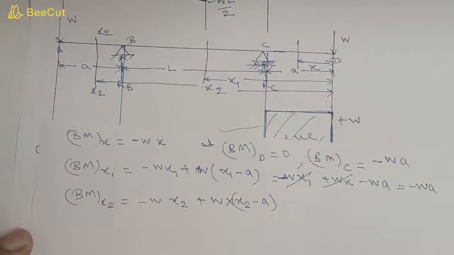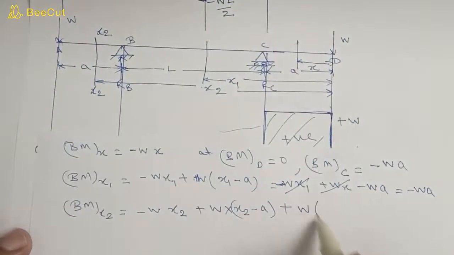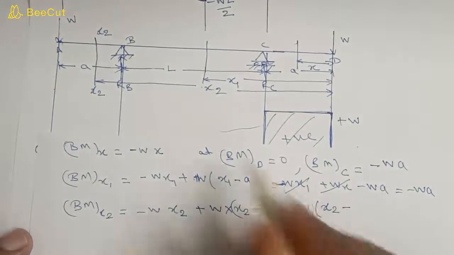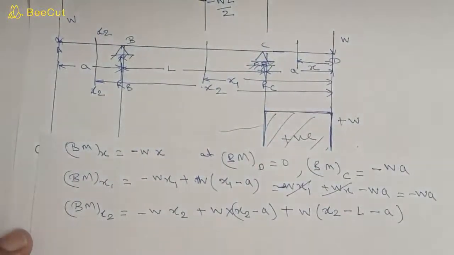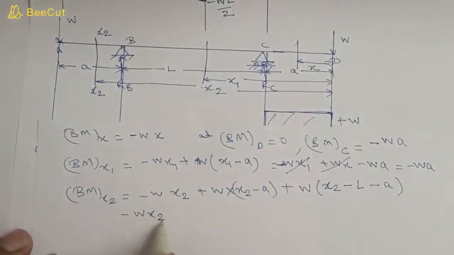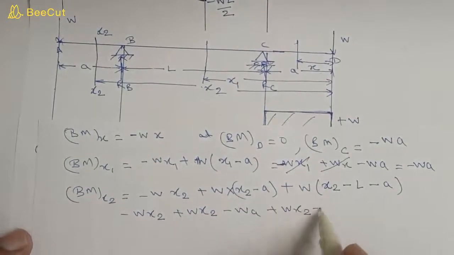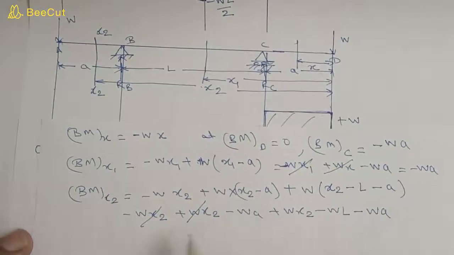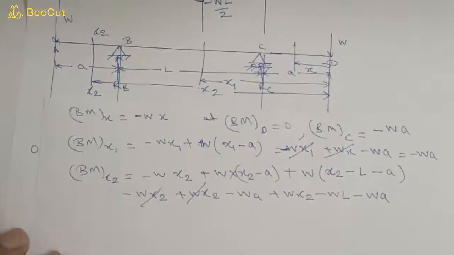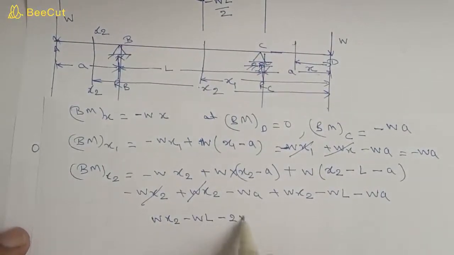Okay, plus this RB is also W into x2 minus this distance l minus this distance a. So we will get minus Wx2 plus Wx2 minus Wa plus Wx2 minus Wl minus Wa. So Wx2 will cancel Wx2 and it will become Wx2 minus Wl minus 2Wa.